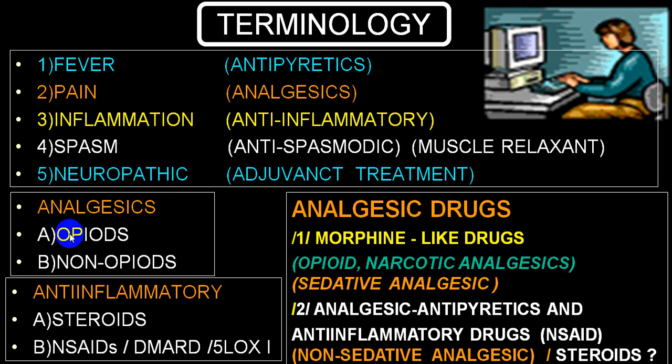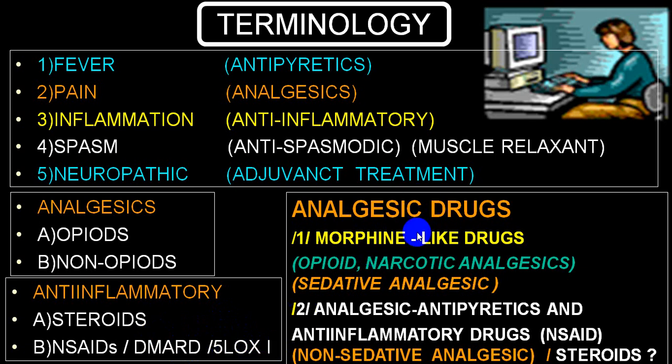Analgesics you can divide into opioids and non-opioids. According to the inflammatory action: steroids and non-steroidal anti-inflammatory drugs, DMARDs, and there is also one group we call 5-LOX inhibitors.